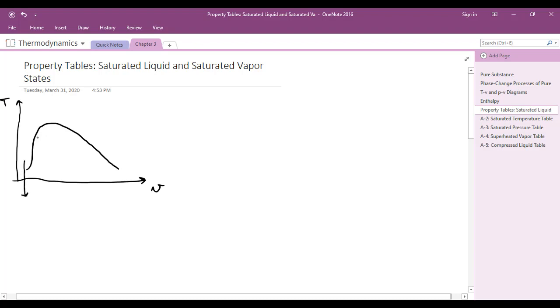To the left of the saturated liquid line, this region is called the compressed liquid region. So compressed liquid region. And this line here is called the saturated liquid line. So all the states that are on this line are saturated liquids.